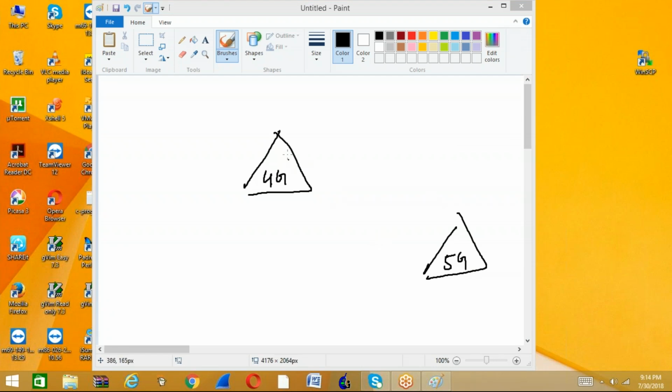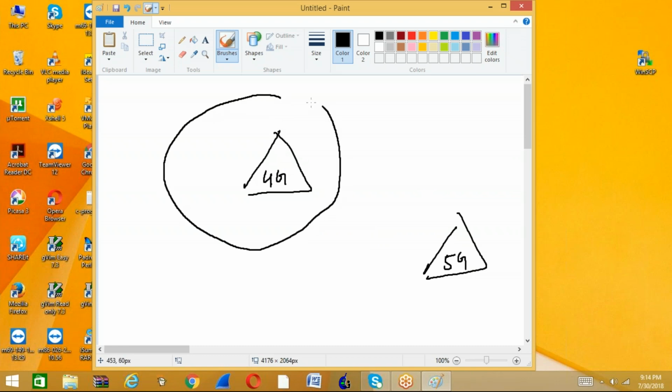So when you're working on 2G, 3G, or 4G, we are using radio waves.